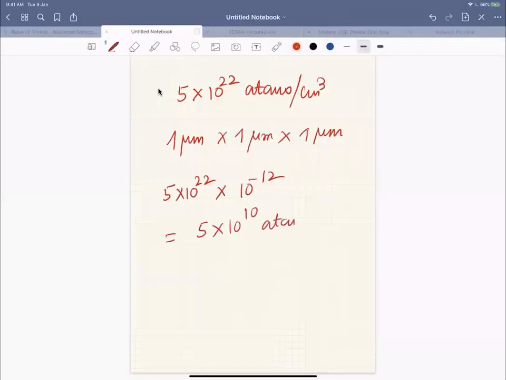So there are a lot of atoms. If I reduce the dimensions of the cube, the number of atoms will reduce.